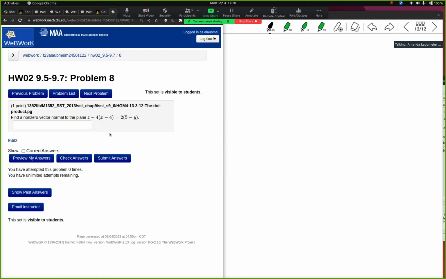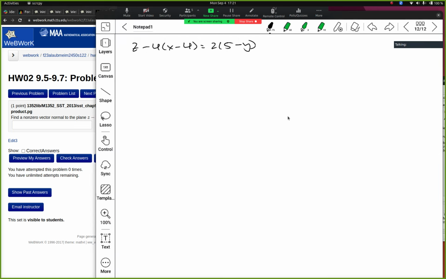So I'm going to go ahead and write that. So we're just being directed to find a normal vector. It has that like trying to trick you up a little bit or just trying to cover its bases specification that it has to be non-zero.